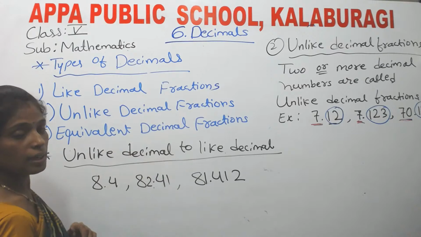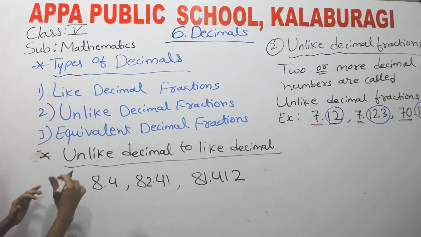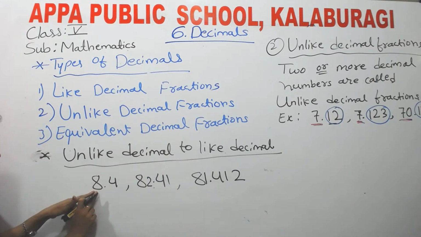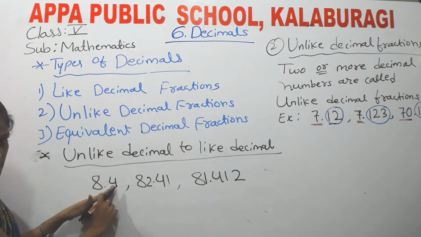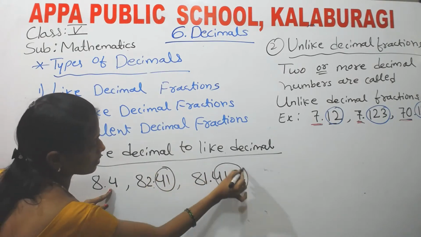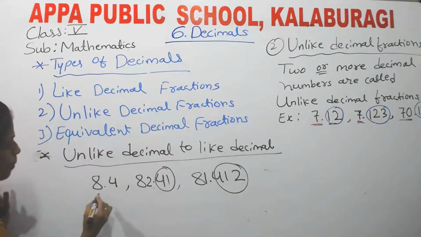You have to convert them to like decimals. How? You have to add zeros here. In 8.4, the integral part has one digit and the decimal places have one digit, and here there are 2, and here 3. Now you can add zeros here.